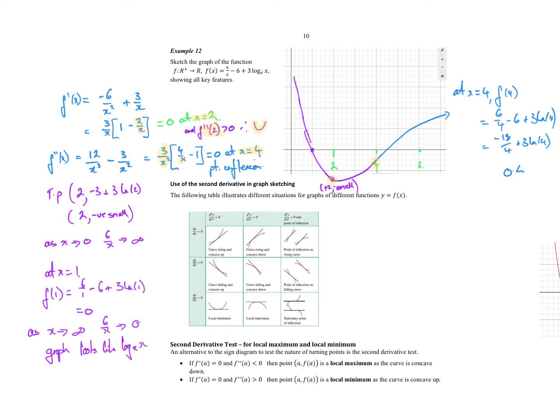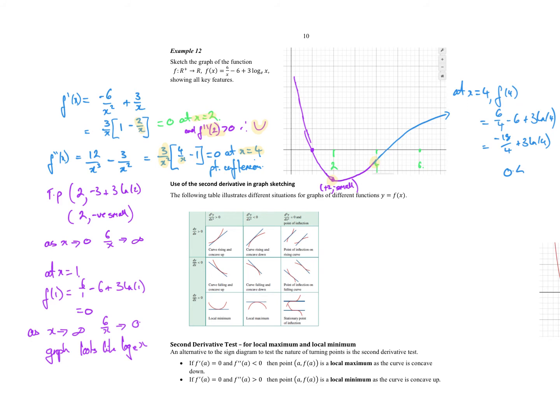All right. What do I want to do? I find my x-intercept somewhere. Maybe I just guessed it a little bit.